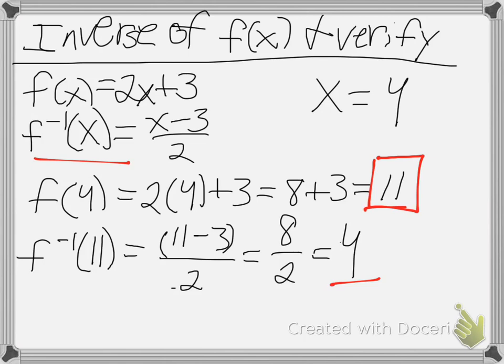And the way we would write this is f inverse of f of 4 is equal to 4. So once again stating the rule, applying a function f and then its inverse f of negative 1 gives us the original value back again.